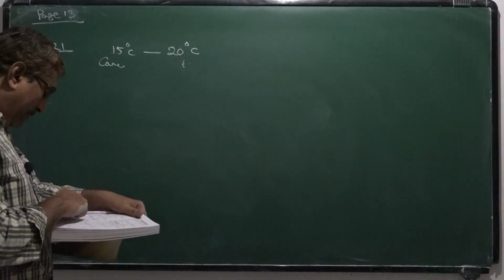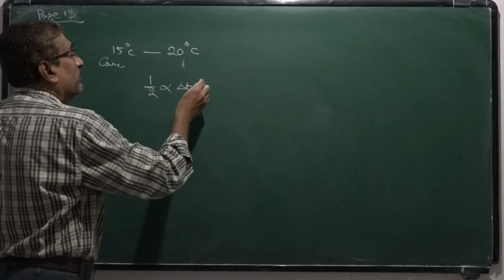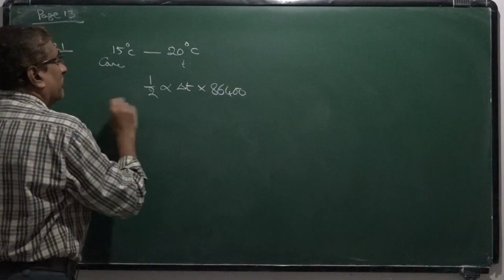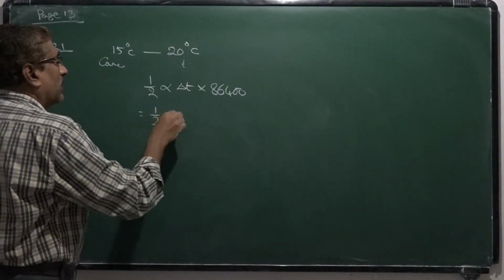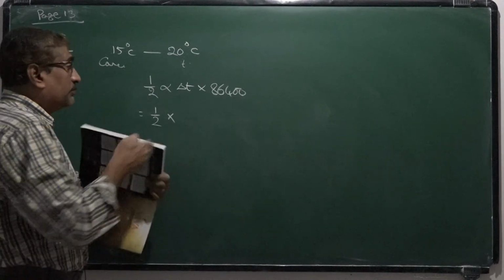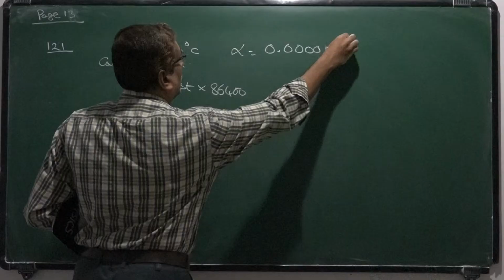Okay, per second you can calculate it as half alpha delta T. So per day we can calculate it as 86400. So that is half alpha, alpha of the material is given as 1.2 into 10 to the power minus 5 per degree centigrade.